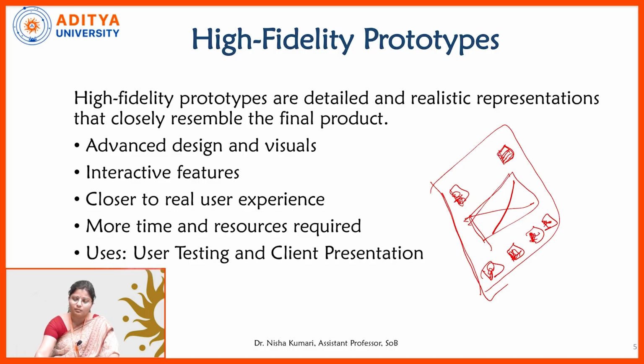And in place of the home page, you will mention, for example, some course name and the module's name. So in this picture you created it like this. Now this representation will be your high fidelity prototype. Okay, then it is closer to real user experience. How come?